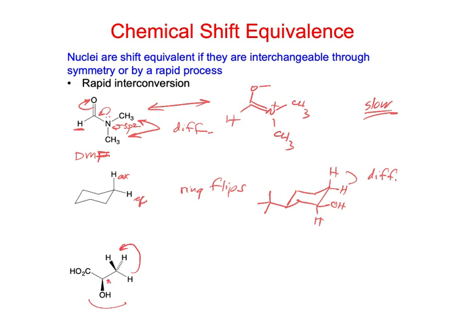So methyl groups really are never diastereotopic. Well, one methyl group can be diastereotopic from another methyl group, but within the protons of a methyl group, we have fast rotation.